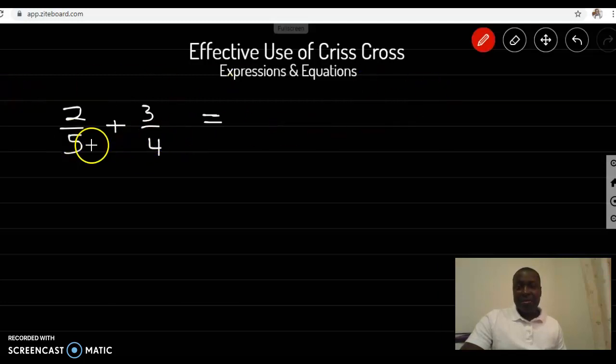method. So you know that you're going to multiply both denominators, and that has to come at the bottom. So 5 times 4. Then you do Criss Cross multiplication, top to down. Same thing for here.